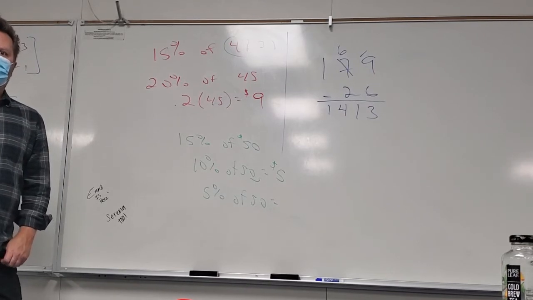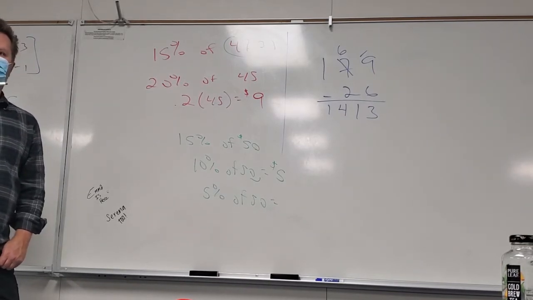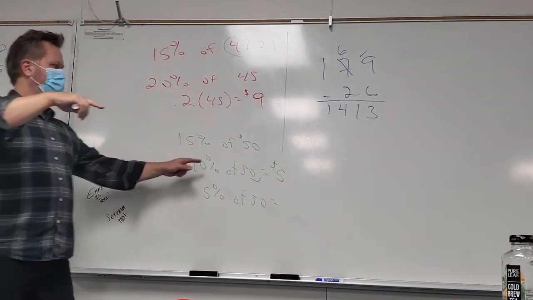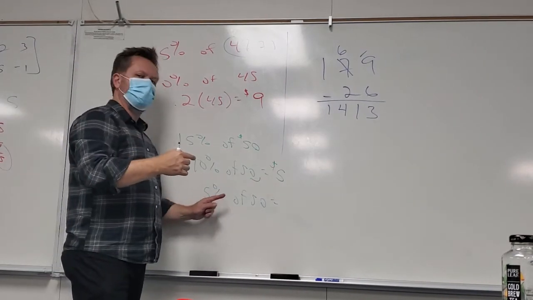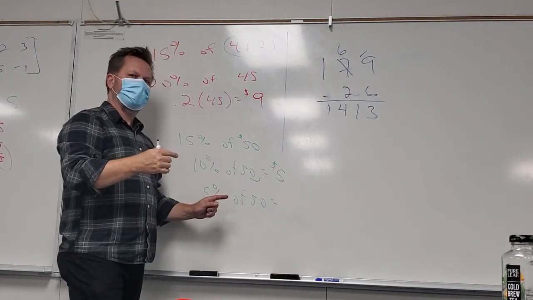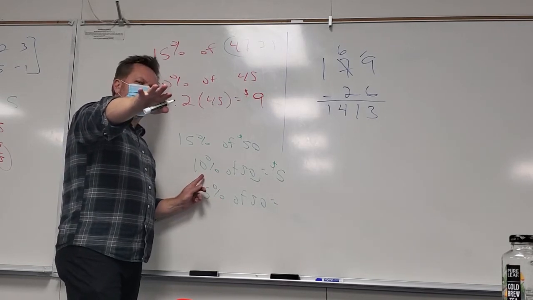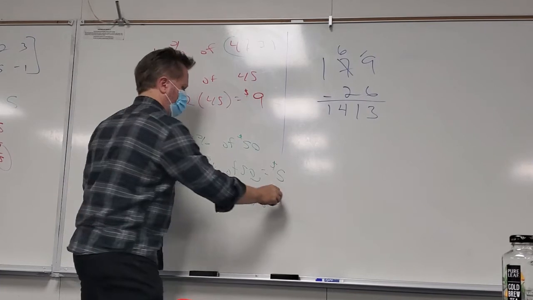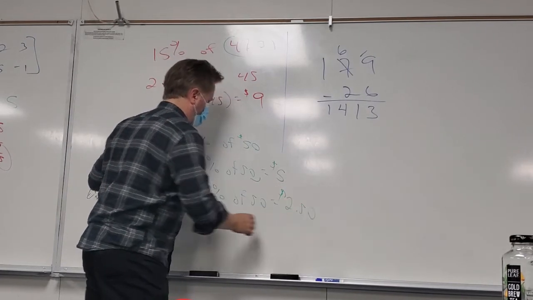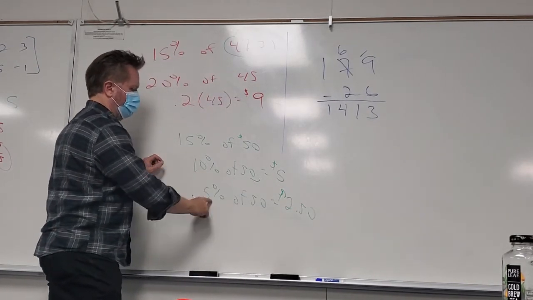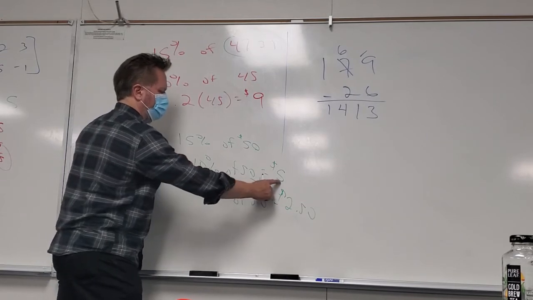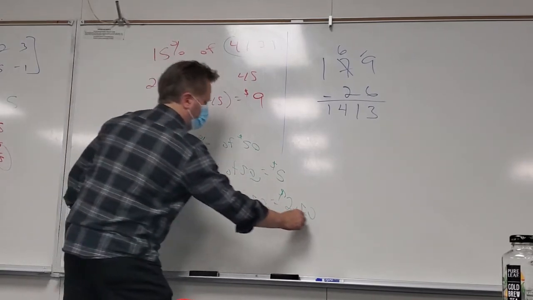Oh, no, stop, no calculator. It's going to be 2.50, because 5 is half of 10, isn't it? So 5% of this is going to be half of what 10% was.